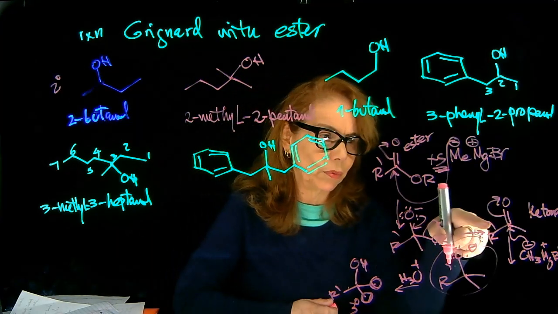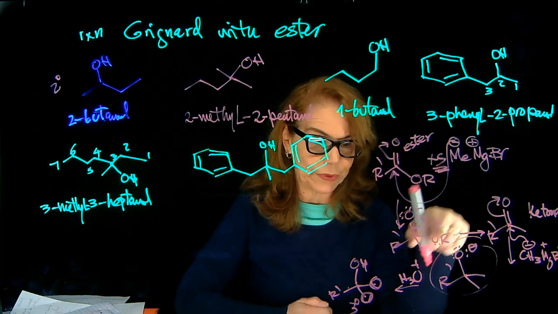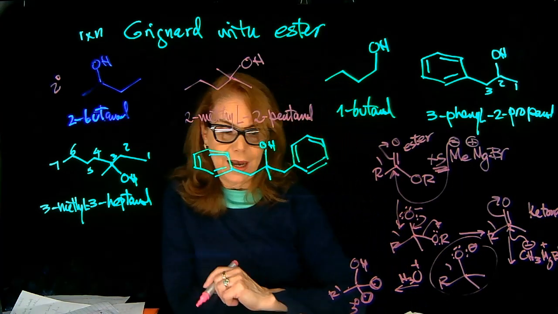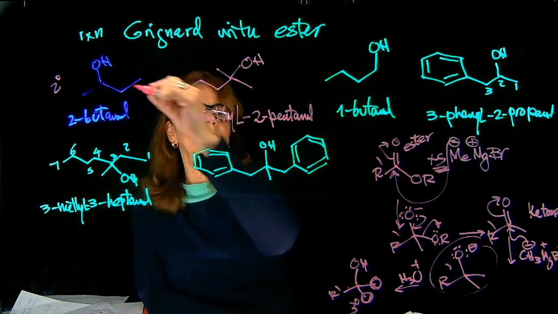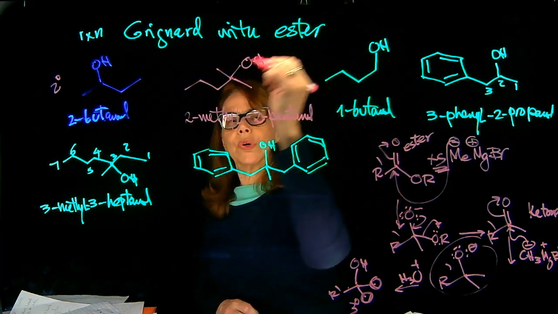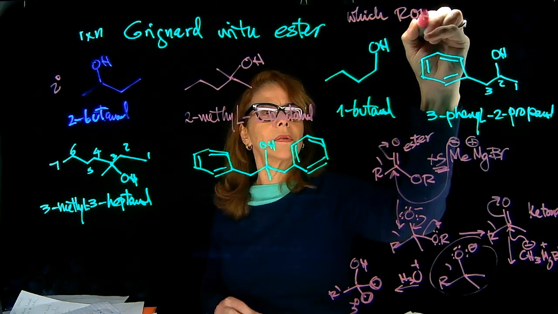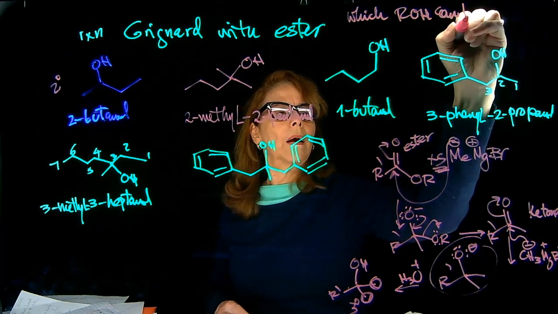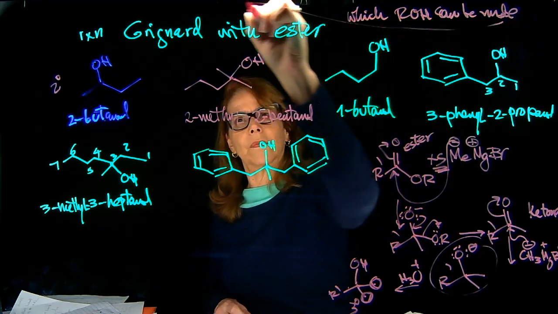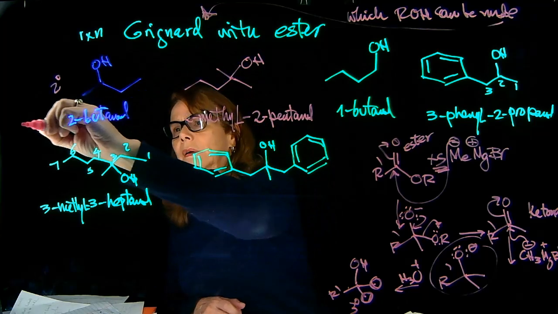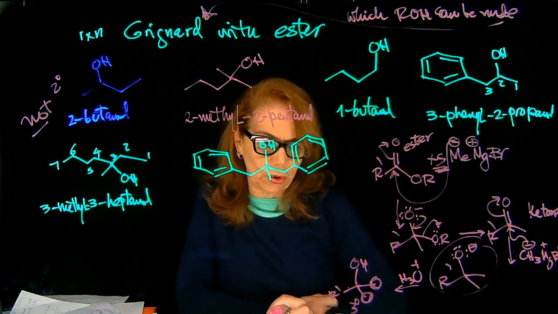So that's not what we form here, because remember you're forming a ketone, and ketones reacting with Grignard will give you a tertiary alcohol. So not that. I cannot make that. So which of these alcohols can be made using this reaction, Grignard with ester? That is not possible because, again, it's a secondary alcohol.